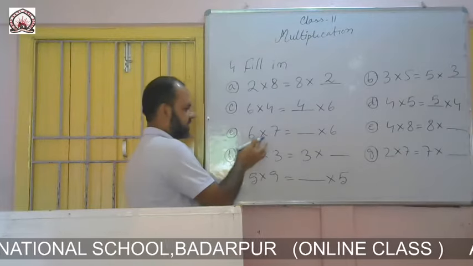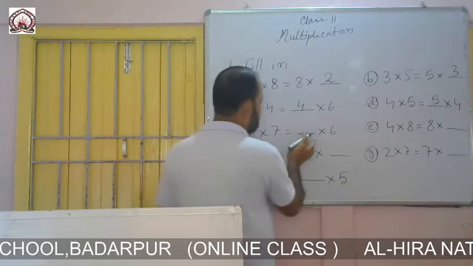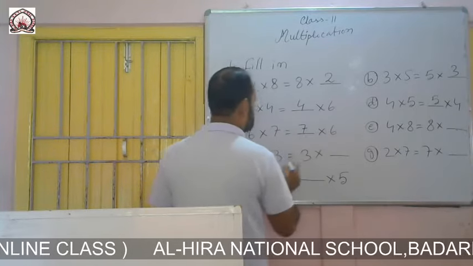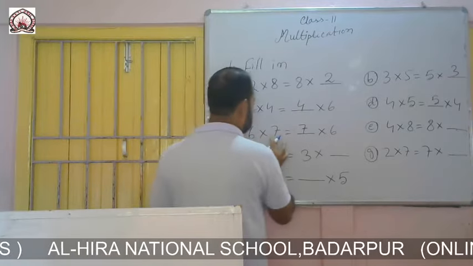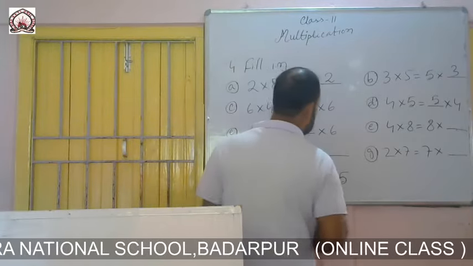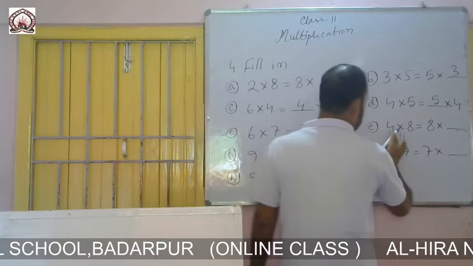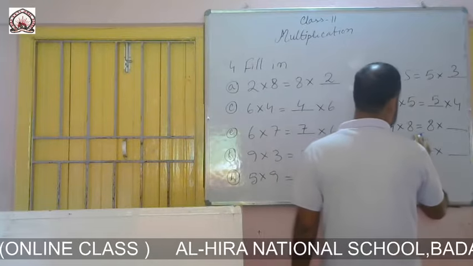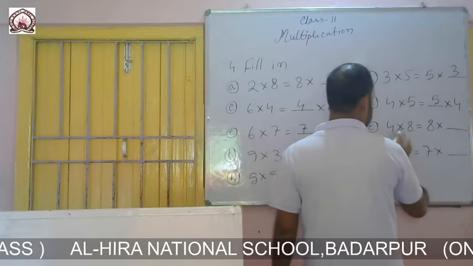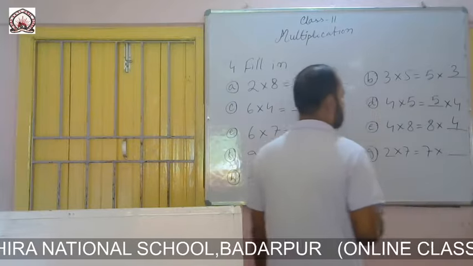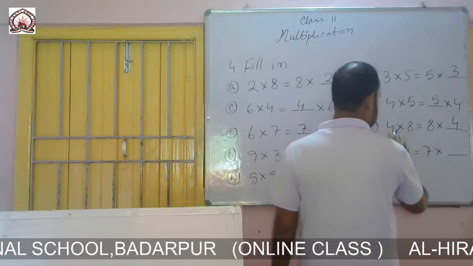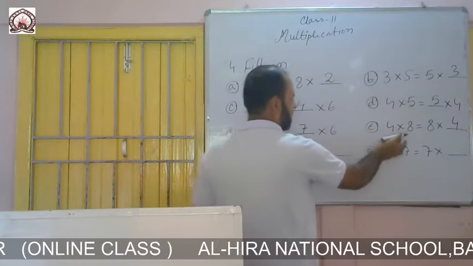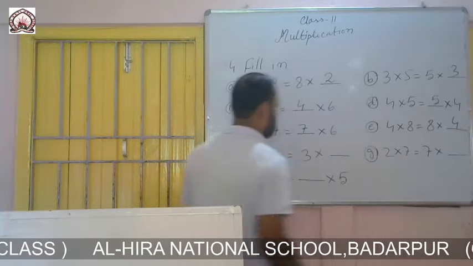Here 6 sevens and dash sixes, so 7 sixes is the same. 6 sevens are 42, 7 sixes are also 42. 4 eights are 32, and 8 fours are also 32. So 4 eights equal to 8 fours.